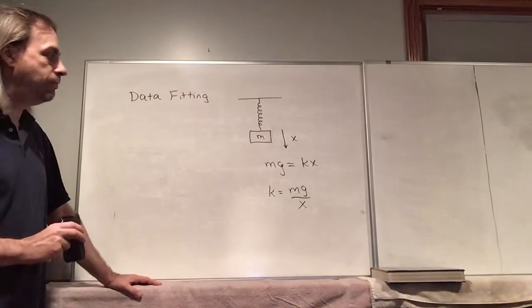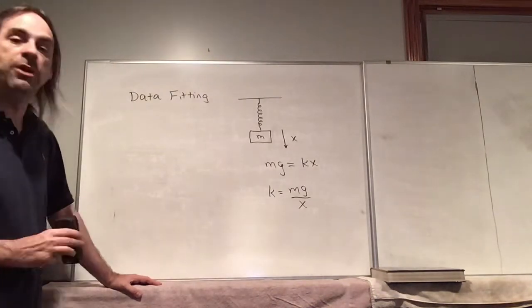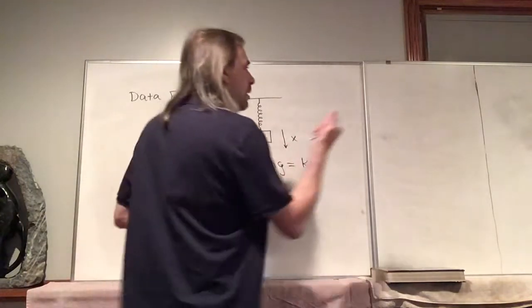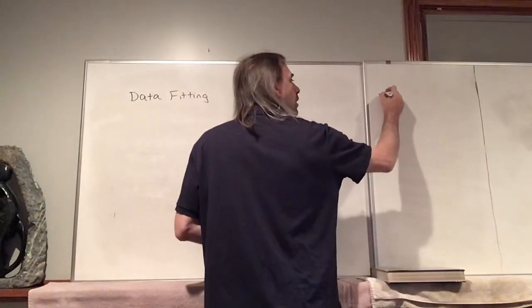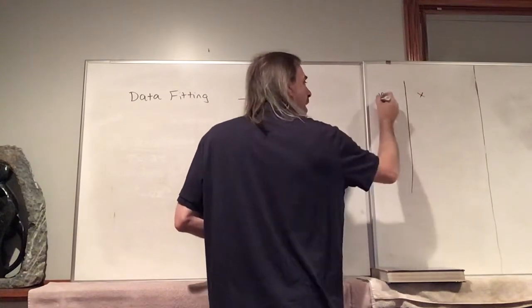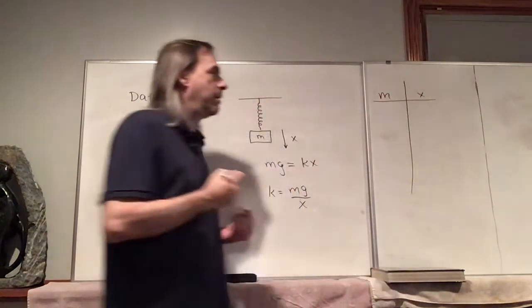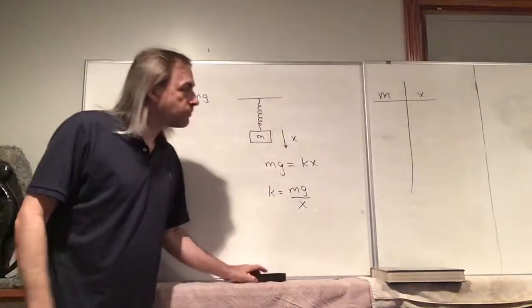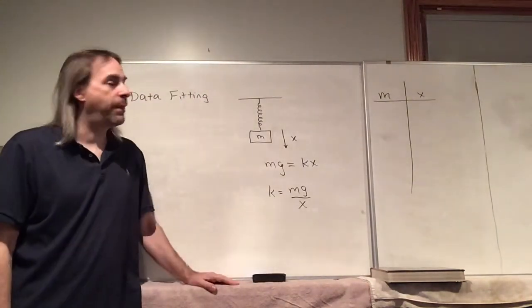What we'd want to do is take several measurements. So the experiment is going to look like this. The variables in the experiment are the mass and the stretch of the spring. And we control the mass.